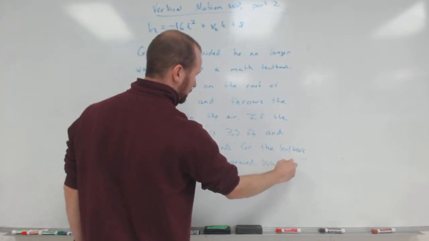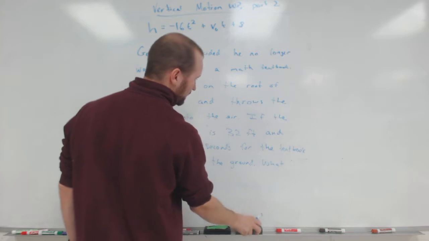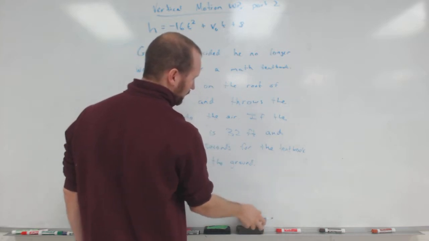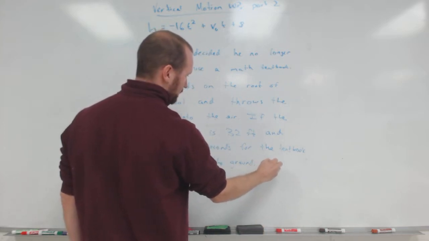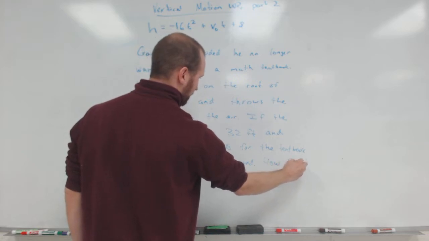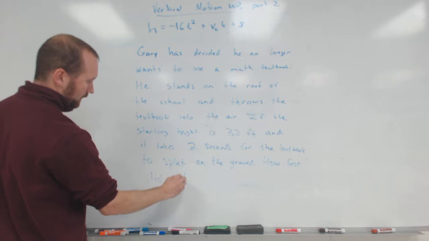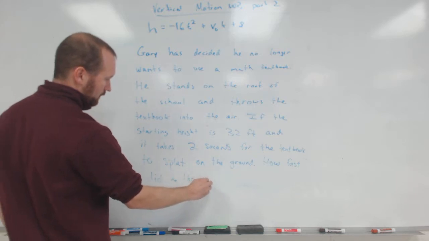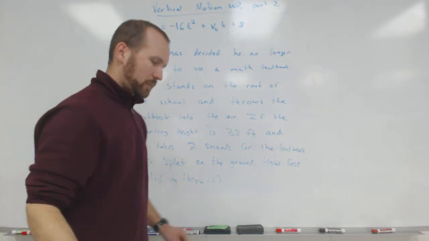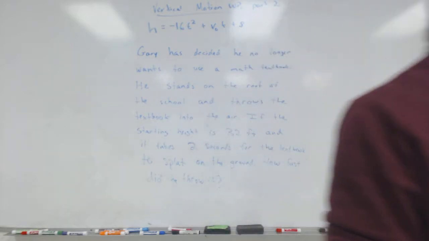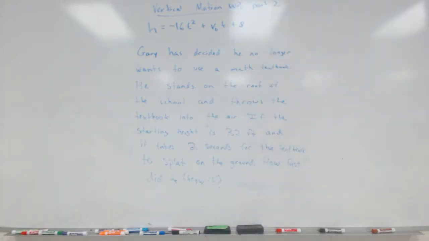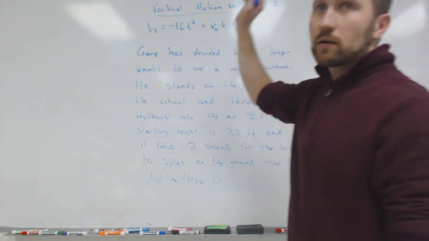I'm just going to say how fast did he throw it, but we're looking for the initial vertical velocity. How fast did he throw it? So we're really just looking for the vertical part of how fast he threw it up in the air.